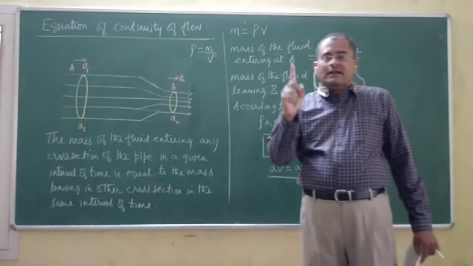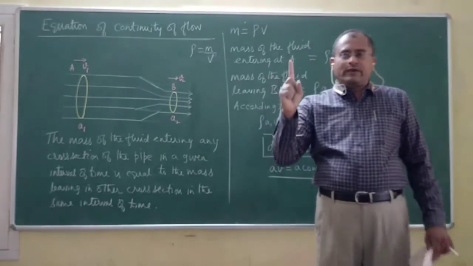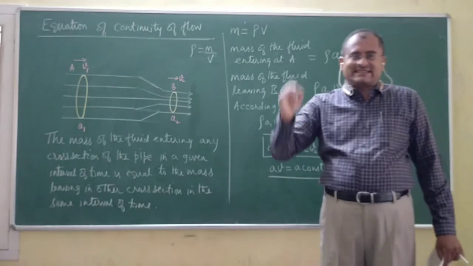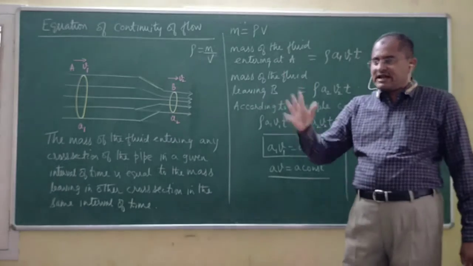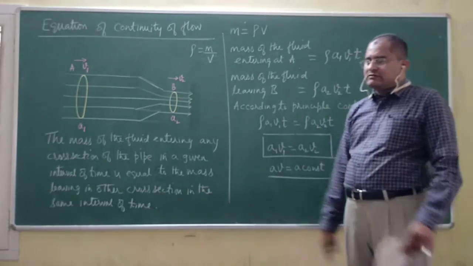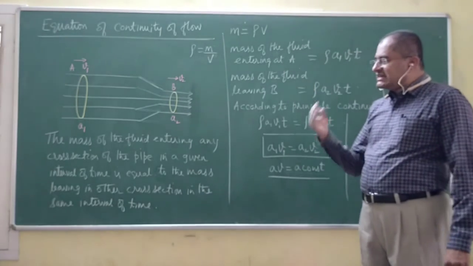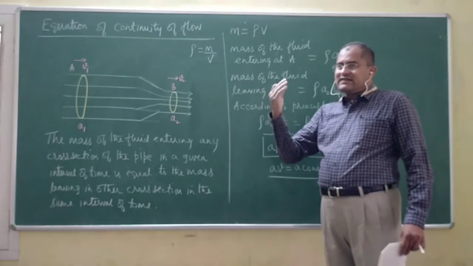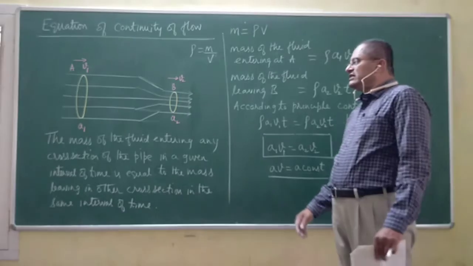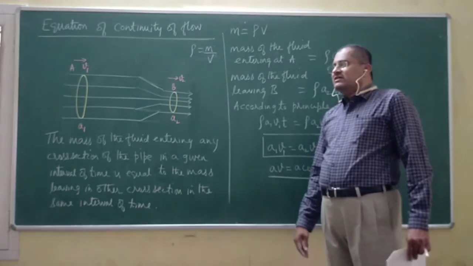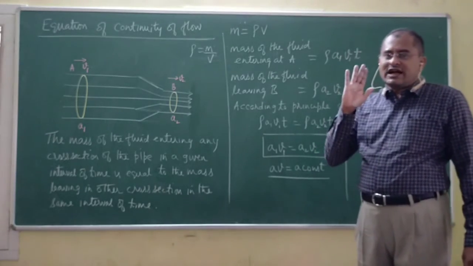Number 1, velocity of the fluid at any cross section is inversely proportional to the area of cross section of the pipe. Point number 2, particle of the fluid entering A at a given velocity will be accelerated in the forward direction to acquire greater velocity V2 at B.